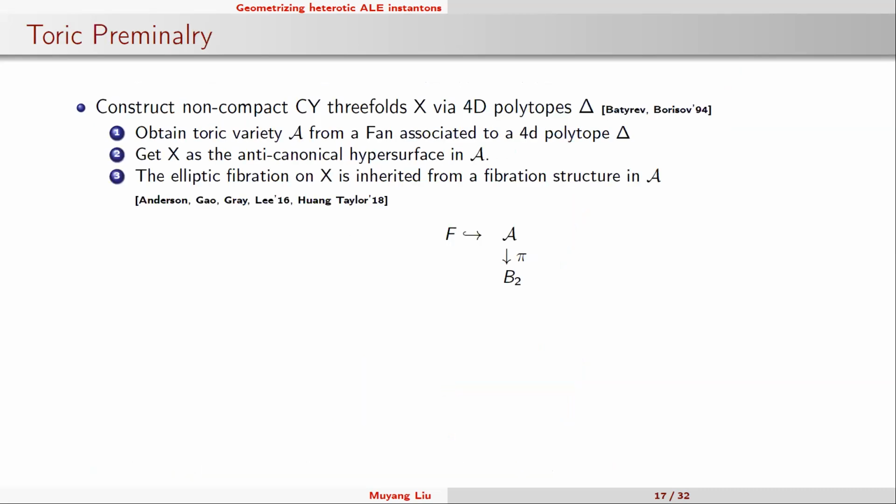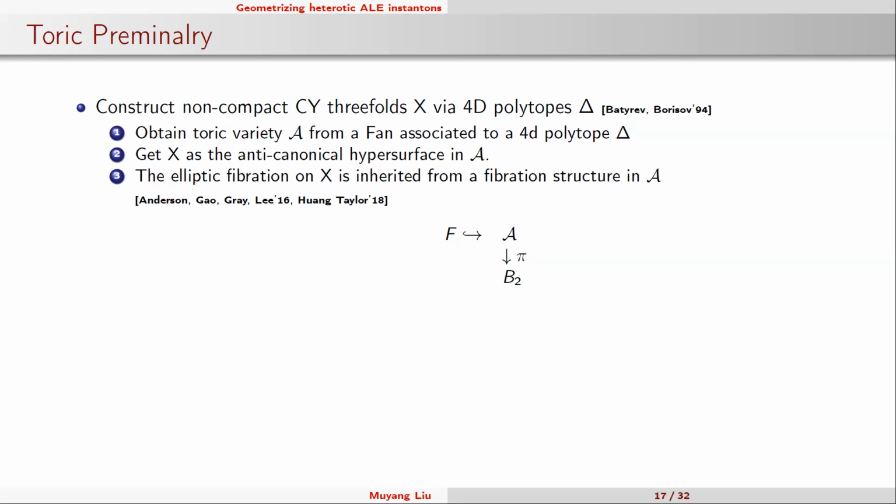And since we heavily use toric constructions to build our non-compact Calabi-Yau threefold, I will quickly review the basic toric knowledge that will give you the idea of how we obtain the Calabi-Yau threefold. So we use a concrete 6D polytope delta to obtain the toric ambient space. And then our Calabi-Yau threefold is nothing but the anti-canonical hypersurface in this toric ambient space.